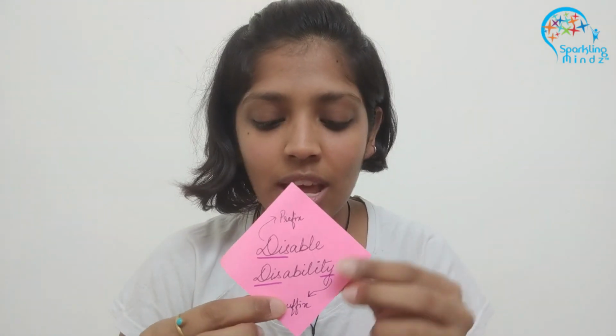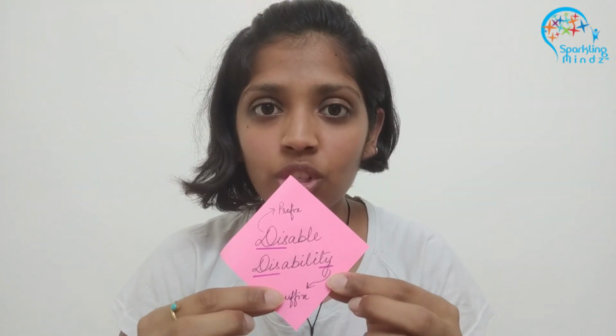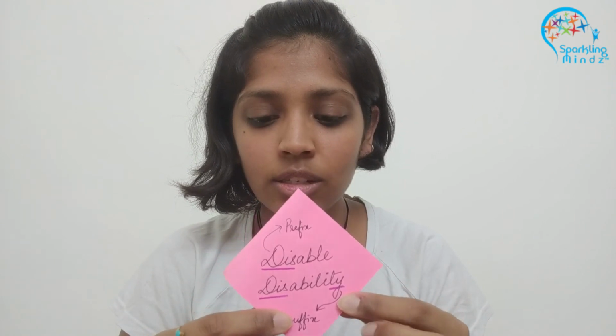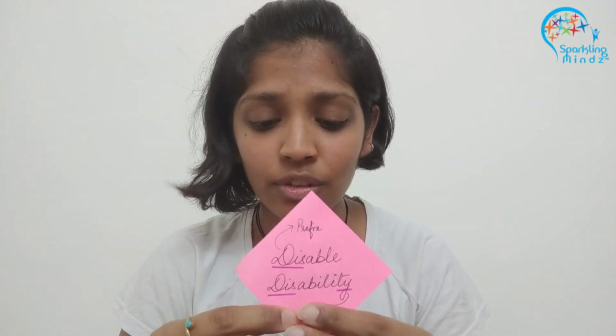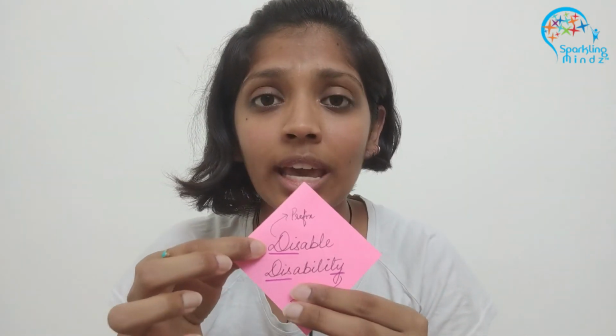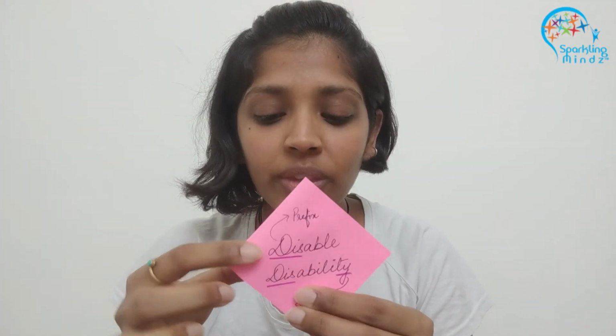So you see how it builds your comprehension as well. And then there is disability. So there's dis, which is the prefix, and then ty, which is the suffix, and both these words are very different in function, right? The word disable is a verb and the word disability is a noun.